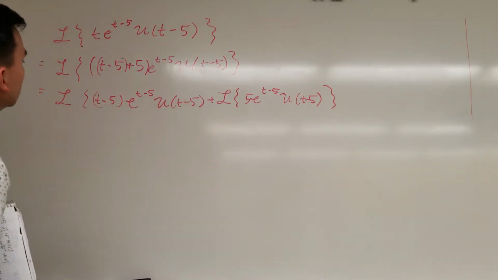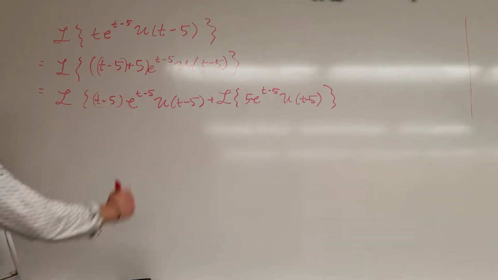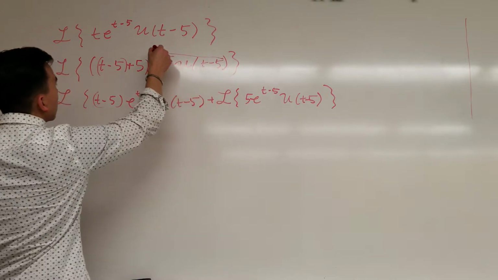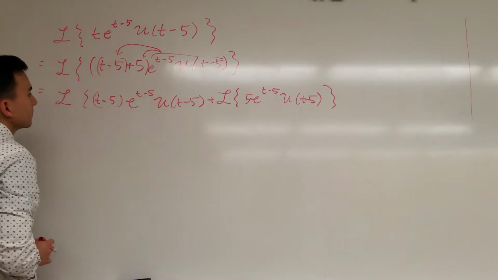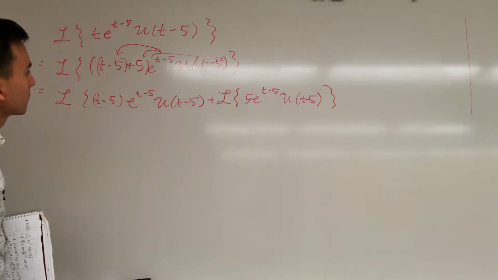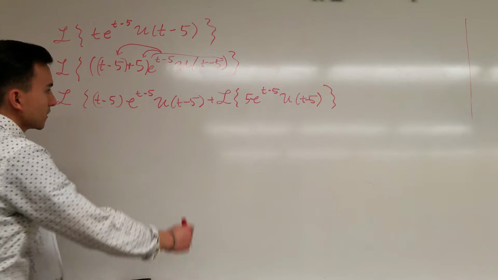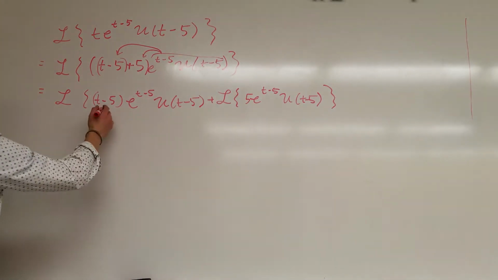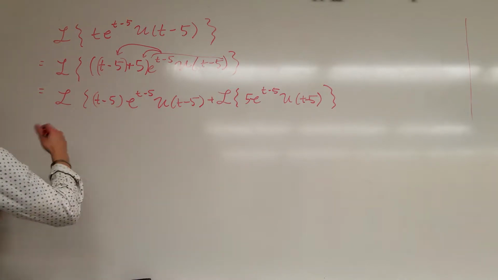Okay? So if you look at that, I'm basically taking this and distributing it to that, right? And then since it's addition, I just split it up, took the plus separately. All right, so wow, all my t's are t minus 5s. Woo, that's great.